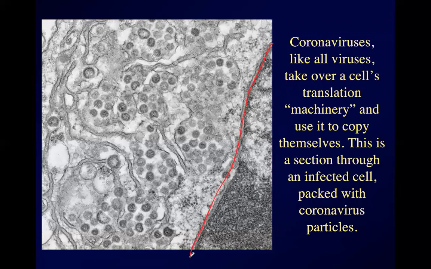So you're seeing part of the nucleus. Here's part of the cytoplasm, and all this space right here is jam-packed full of coronaviruses forming. And eventually the coronaviruses will go bursting out of the cell, taking some cell membrane with it, and go on to infect other cells.